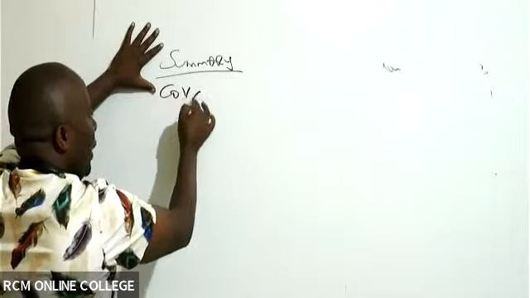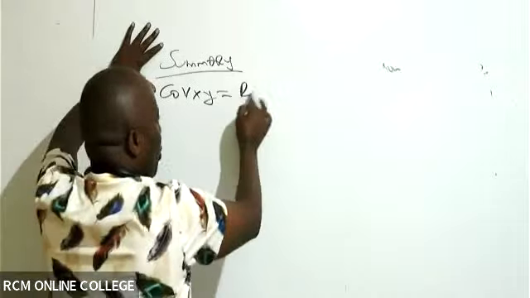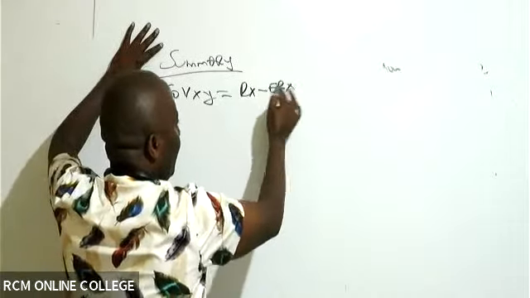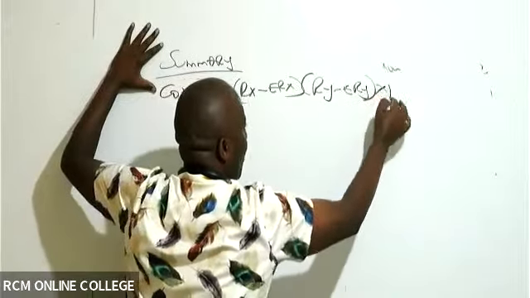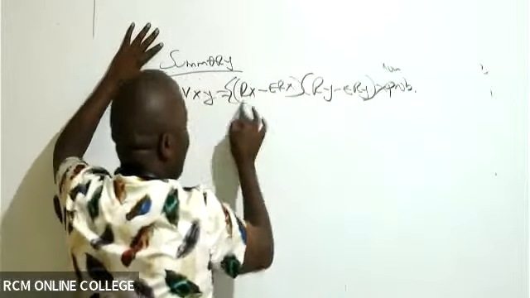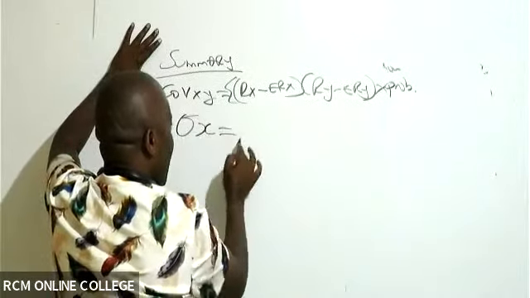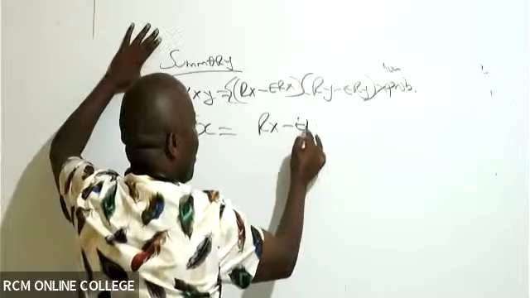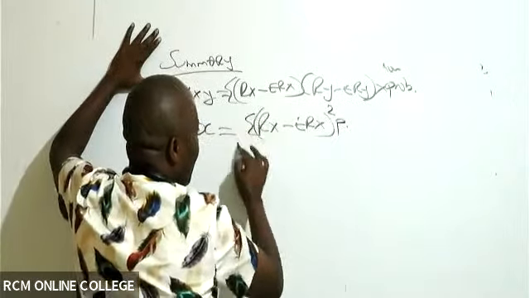Number 1 is how we get the covariance between two deviations: we have the deviation of X, the deviation of Y, times probabilities, and you sum. I've also sold you the idea of the standard deviation of X: Rx minus ERx, squared, times probability, sum, square root.